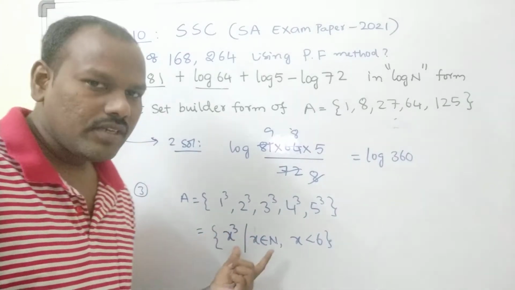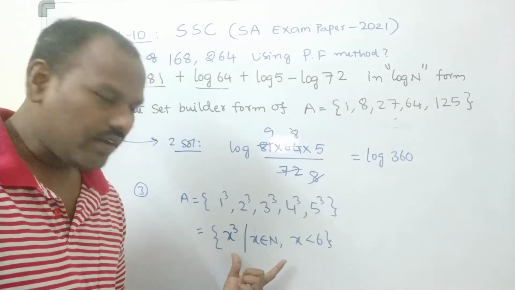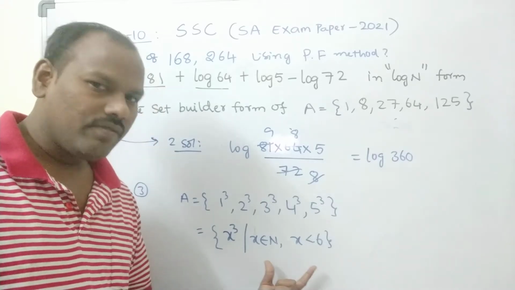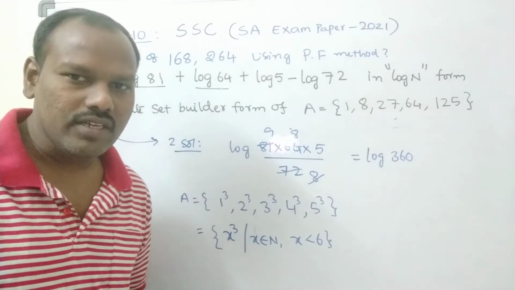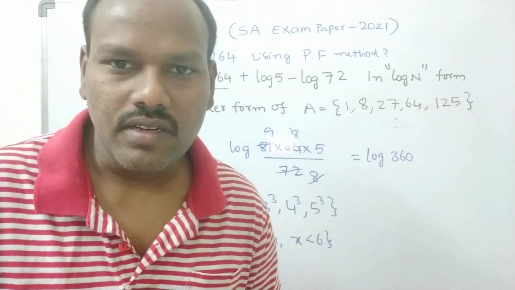Remember, the same thing you can also write using an English statement, but we do that when this kind of writing is not possible. Example: A, E, I, O, U, the vowels.